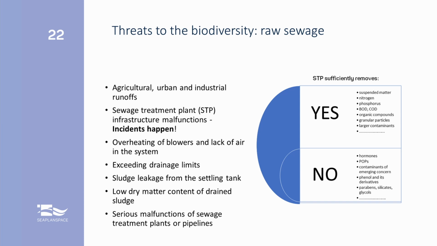Purification plants as such, when they work, are very good at protecting our seas and our areas, and they are able to clean the wastewaters from suspended matter and from nitrogen and phosphorus compounds.